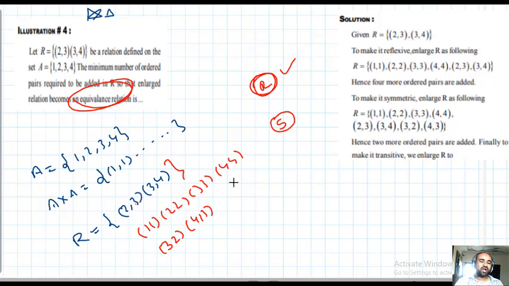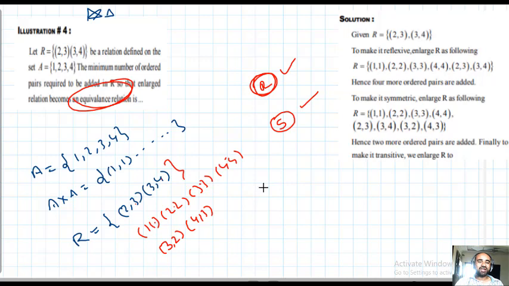So after adding two more elements to R, that is (3,2) and (4,3), the given relation is symmetric as well as reflexive. How many added? 1, 2, 3, 4, 5, 6 added. So this relation is reflexive and symmetric.